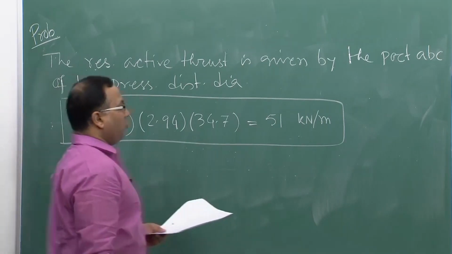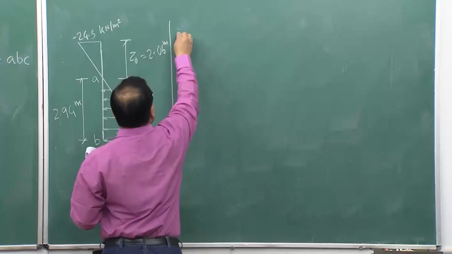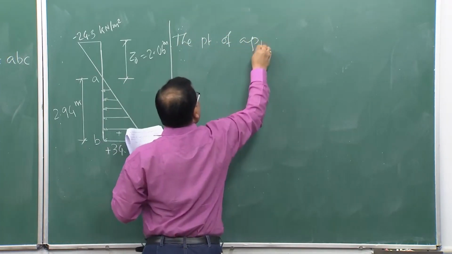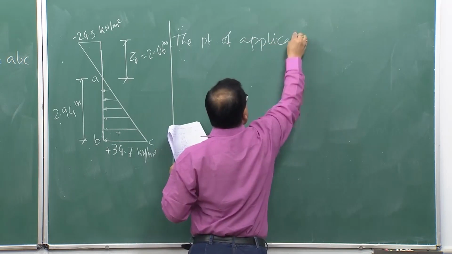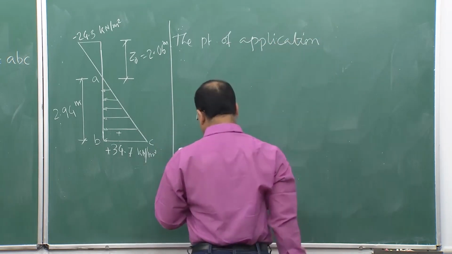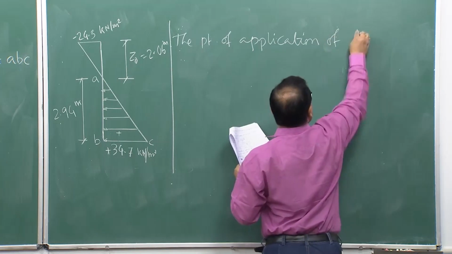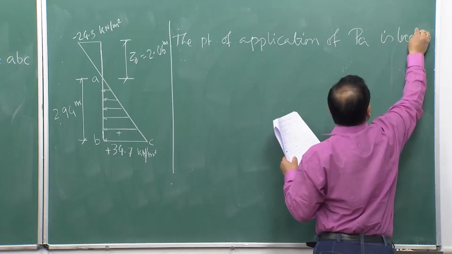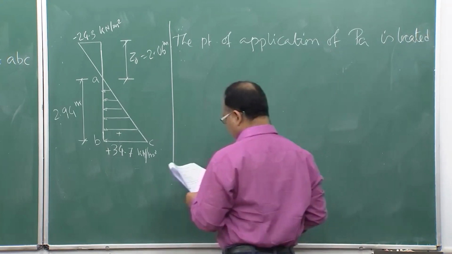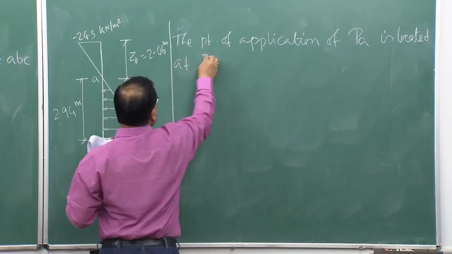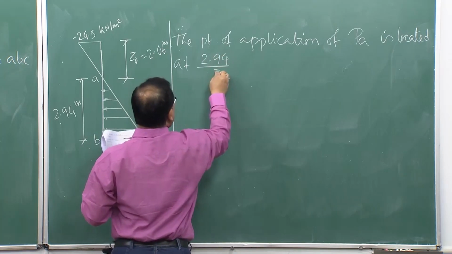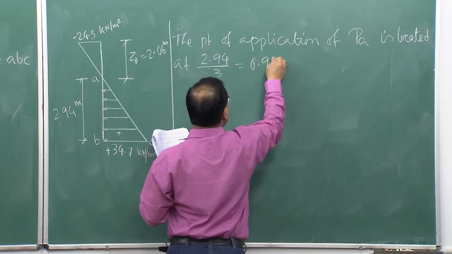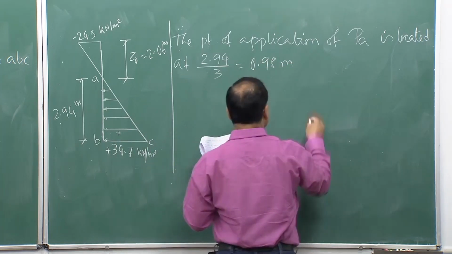Okay. And the point of application of PA is located at 2.94 by 3, that is 0.98 meter above the base of the wall.